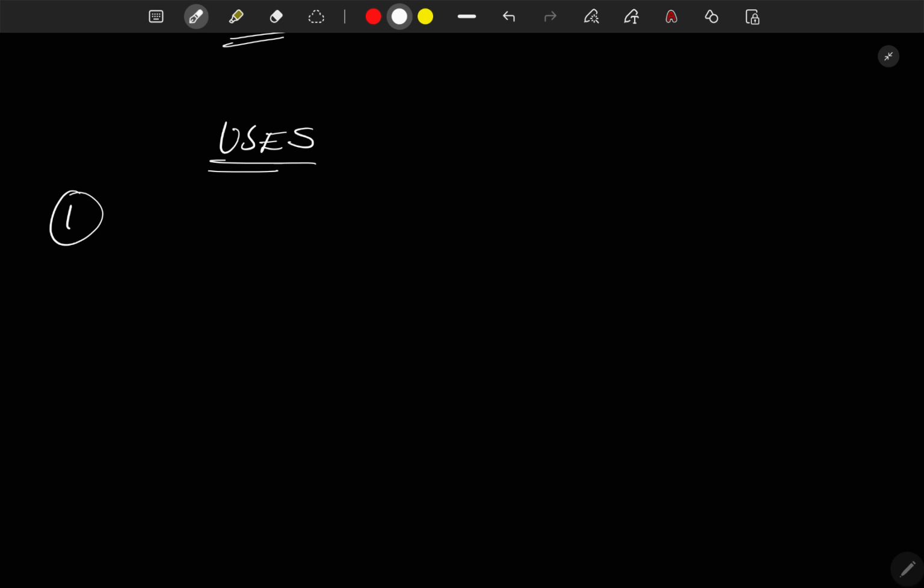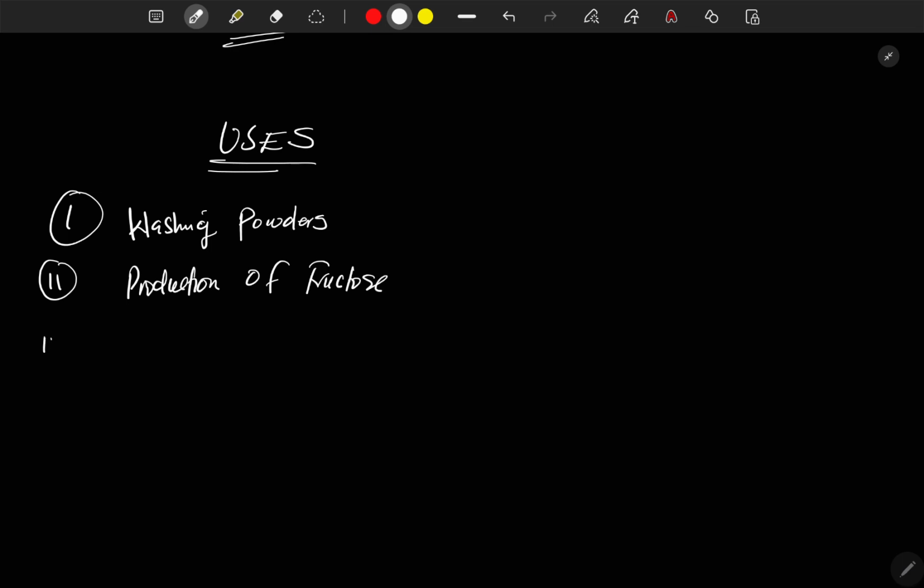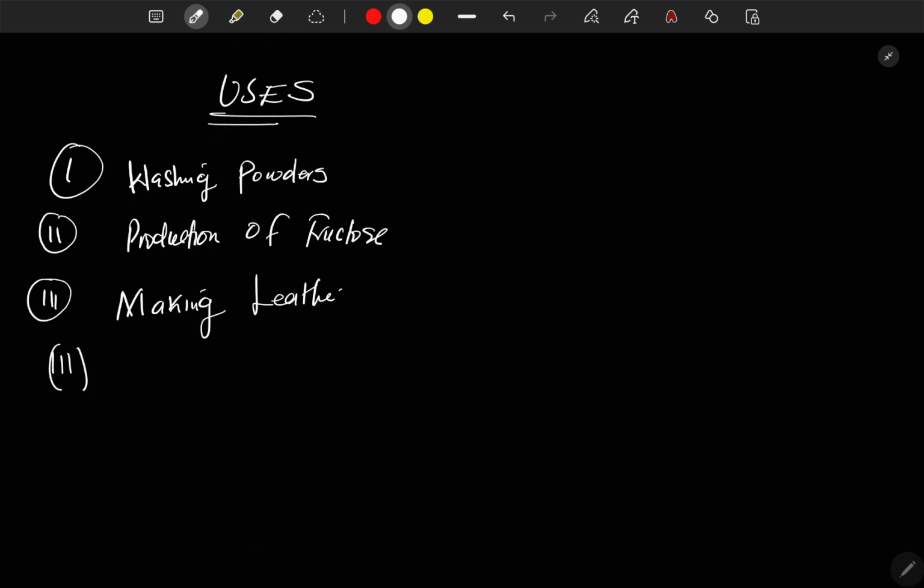We can use them in washing powders, in the production of fructose, in making leather shoes. They can also be used in the tenderizing of meat.